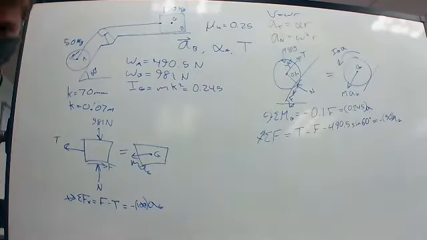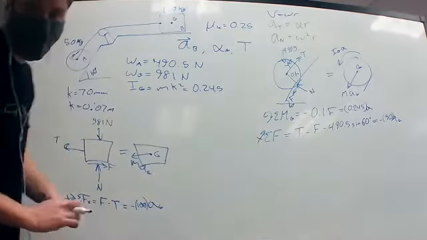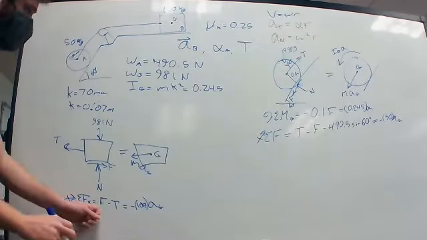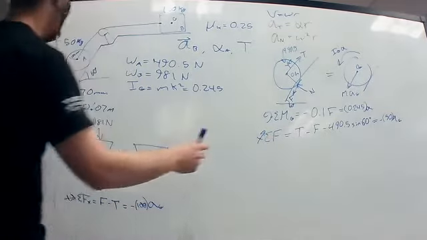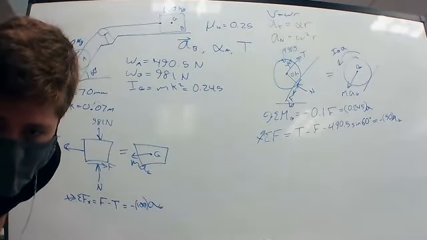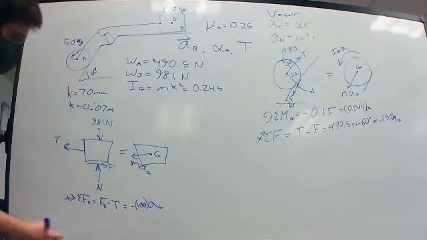So we then have three equations, 1, 2, and 3. And we're going to have F, T, well, this F and this F, I believe, are different. Yes, F of the block is going to be here.